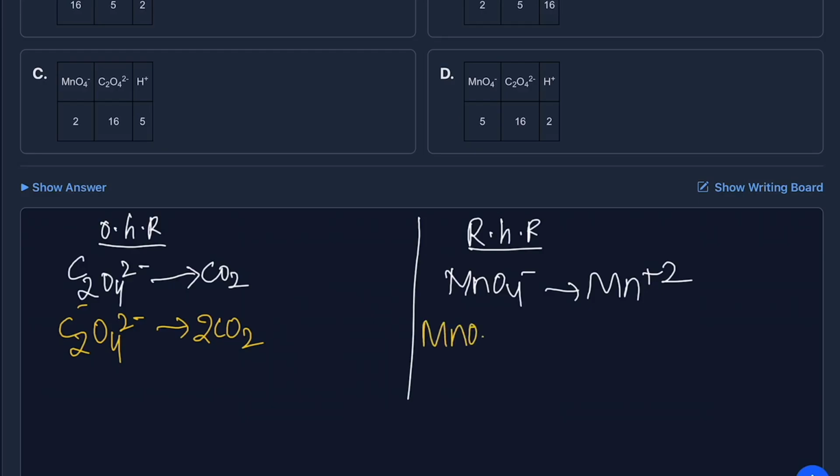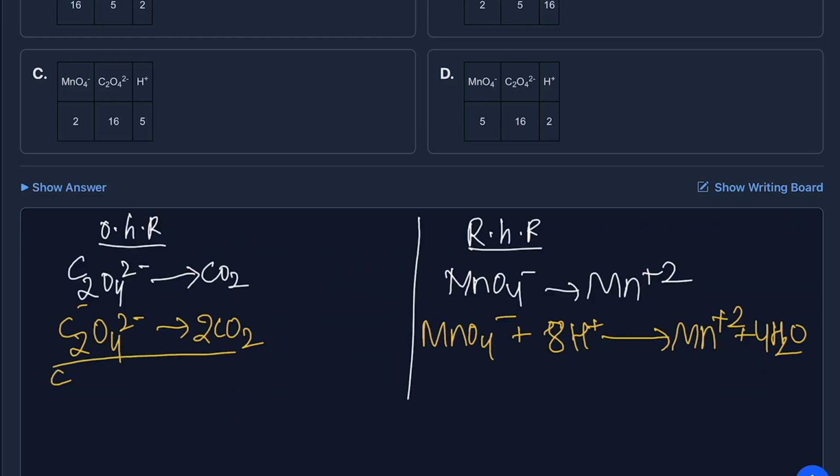So MnO4 minus gives rise to Mn 2 plus, and how many oxygens do we have to add? 4, with the help of water, 4H2O. How many hydrogens? 4 times 2 is 8. Here there is no hydrogen, so we add 8H plus. Next we have to balance the electrons.